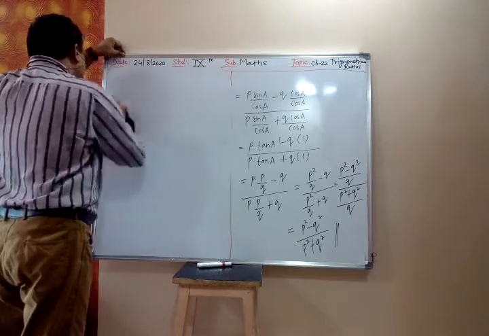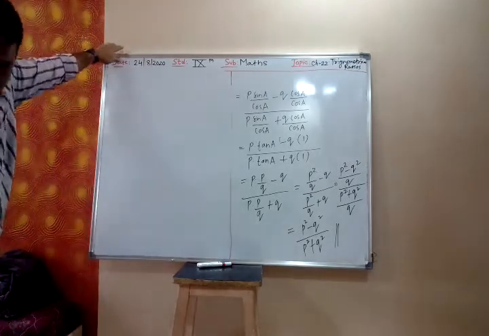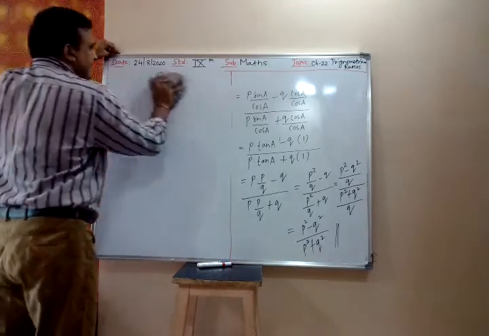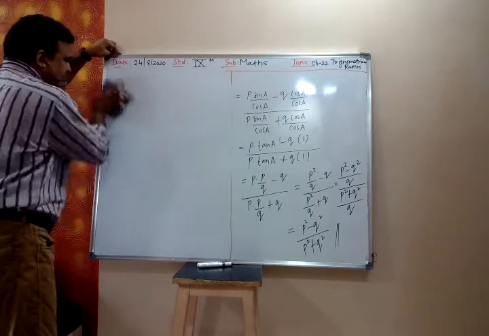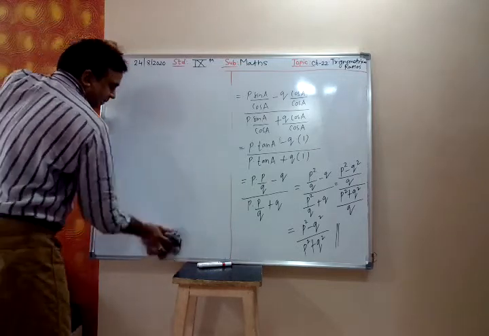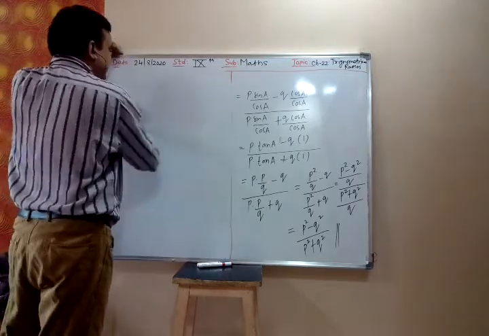That will make your calculation easy. So these are hints which you have to remember during the examination also. In the examination, the thought should strike which method I have to use.